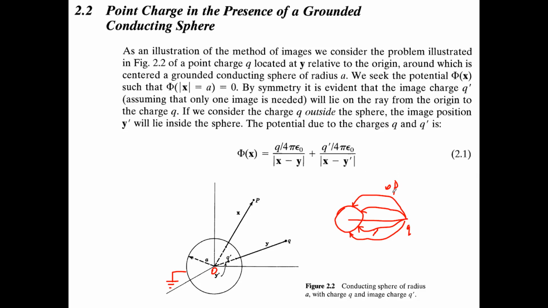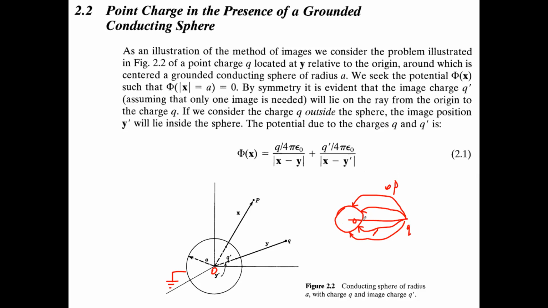However, this problem can also be simplified to an imaginary charge problem. Now let's remove the conductor, remove the sphere. Instead, if we put a positive charge here and a negative charge here, it can also generate a field line with this distribution.